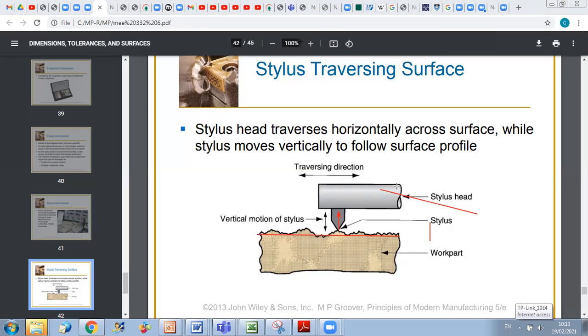So you can draw the profile, or you can also measure the average roughness. As a concept, it's like the fingernail test, but it is more accurate because you are touching the surface and you are directly transmitting any deviation to your system.